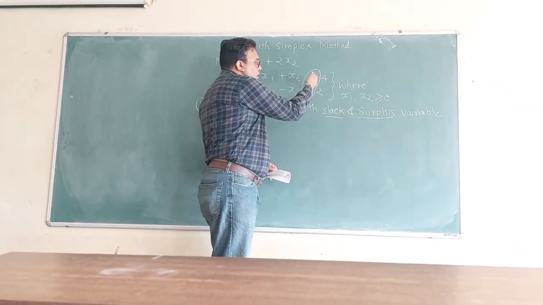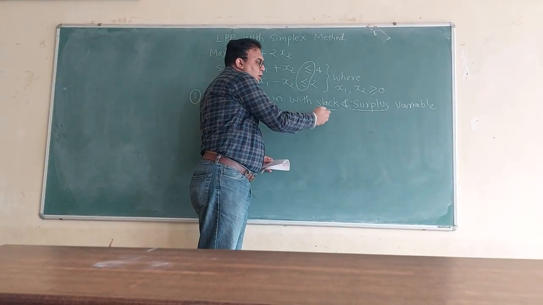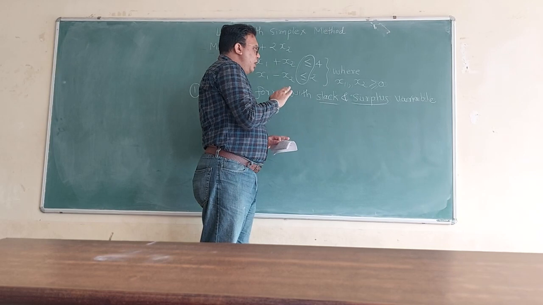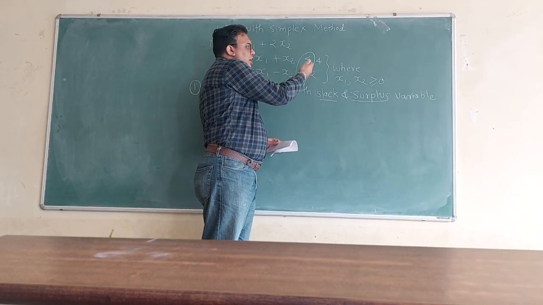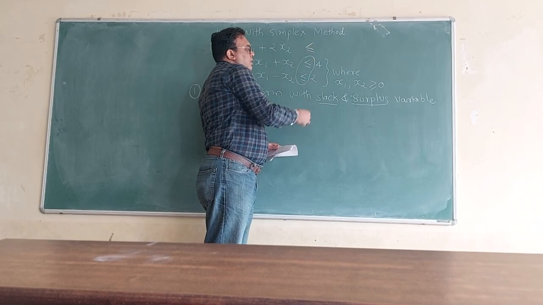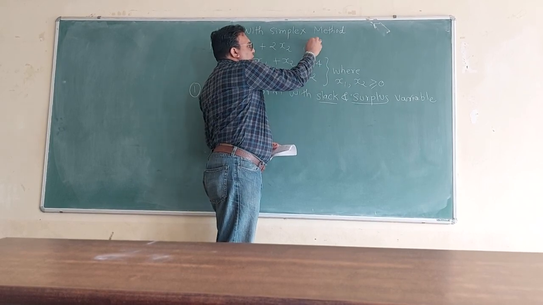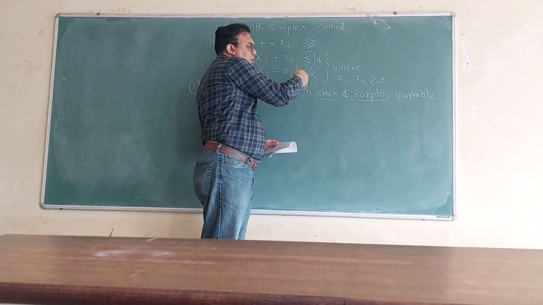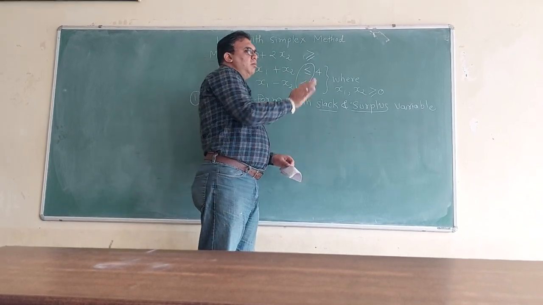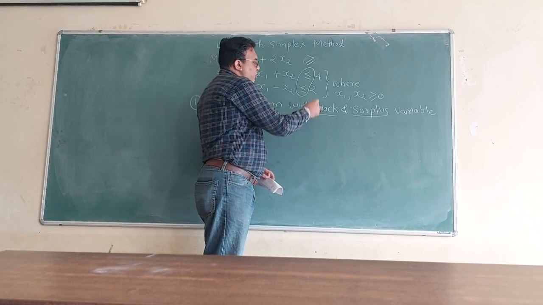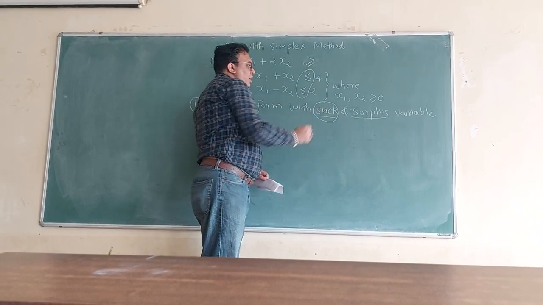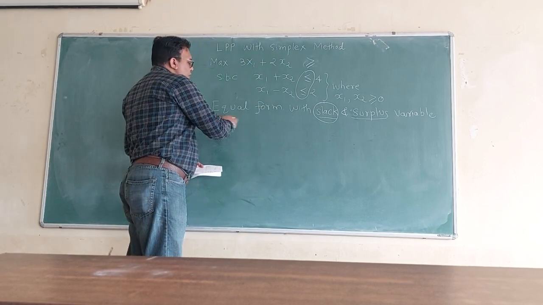If the less than sign is given, you have to add slack variable with plus sign. Instead of that, if the greater than or equal to sign is there, then we have to add surplus variable with minus sign, right? So in this particular case, we have to add slack variable for equal form.